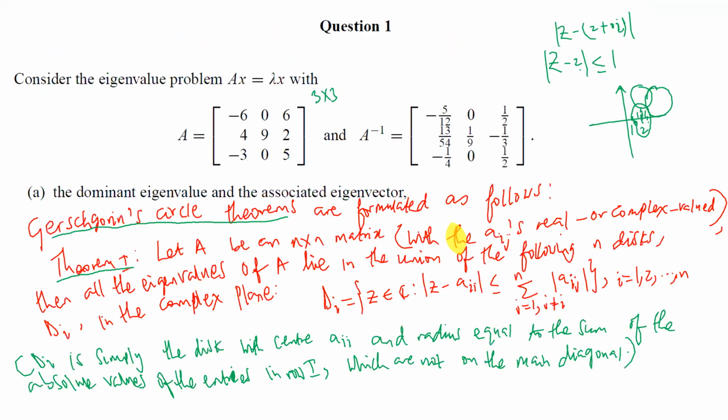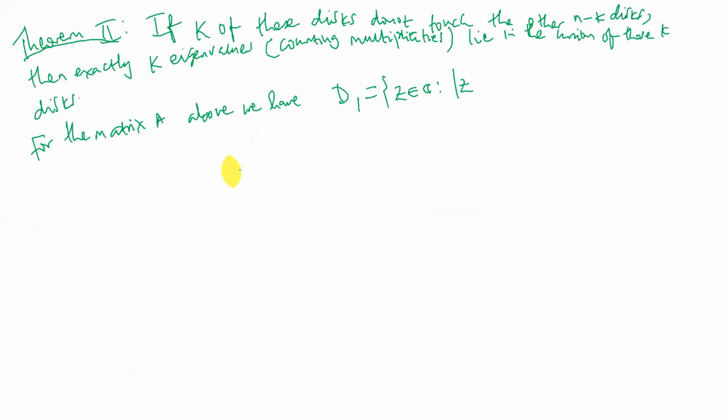The matrix A has A11 as minus 6. So we're going to take the minus 6 here because it's A11, then there is A22, then there is A33, which is 5. A22 is 9. A11 is minus 6. So we're going to take first the A11, and then you subtract that one, like this.